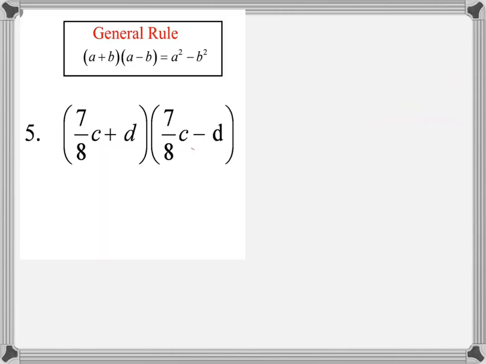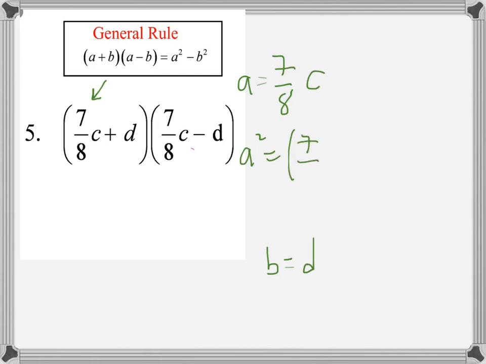All right, and then our next problem here. So we changed it up a little bit because the coefficient is a fraction. But notice the first term A is 7/8 C, and B is the variable D. So A squared is going to be 7/8 C quantity squared.